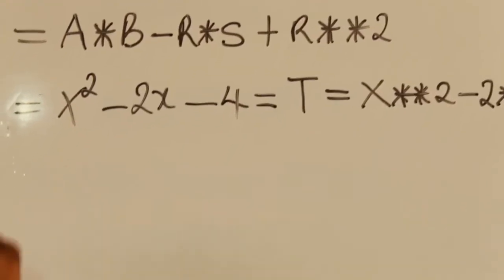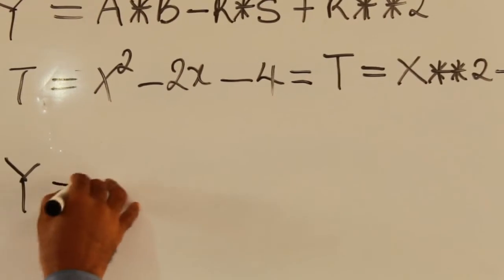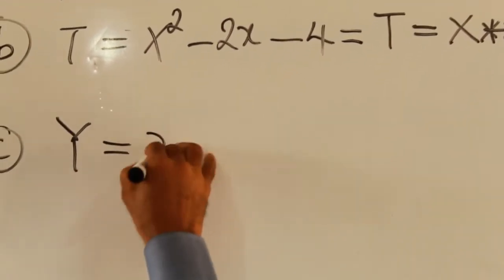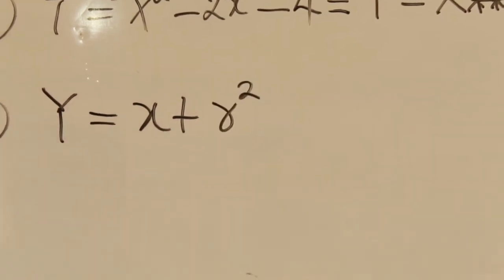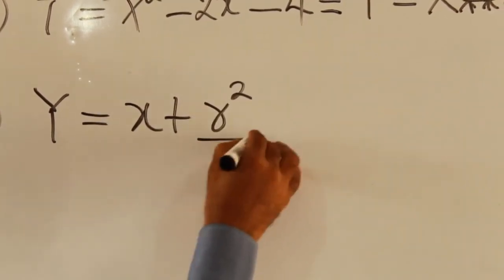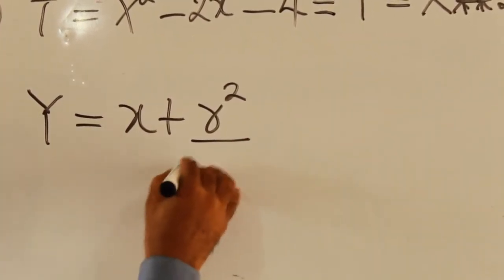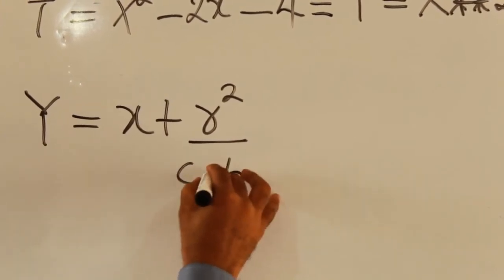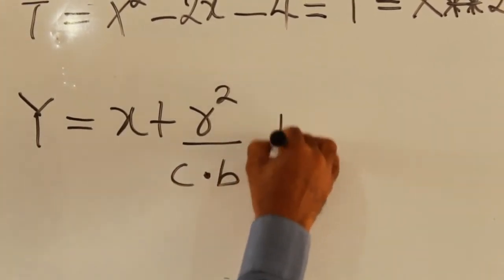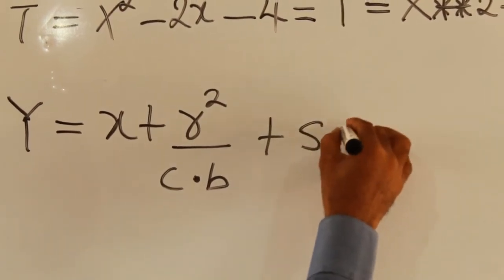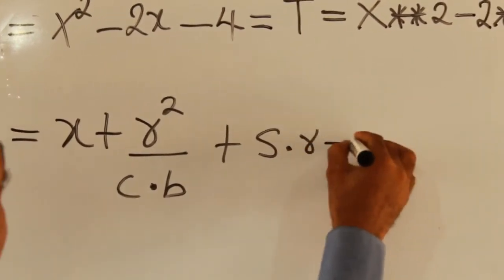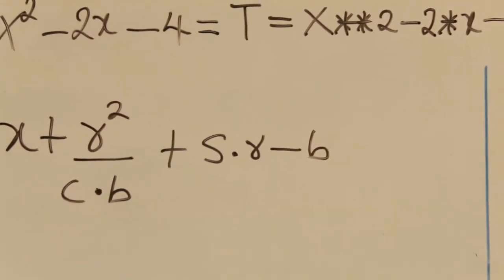which is y equal to x plus the square root of r divided by c dot b plus s dot r minus b.